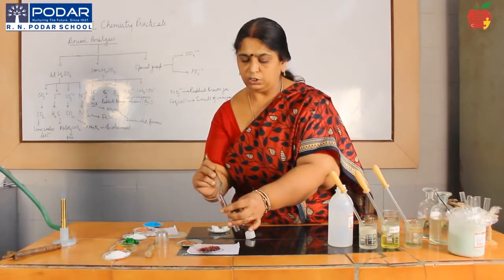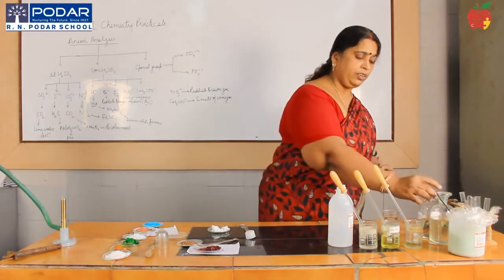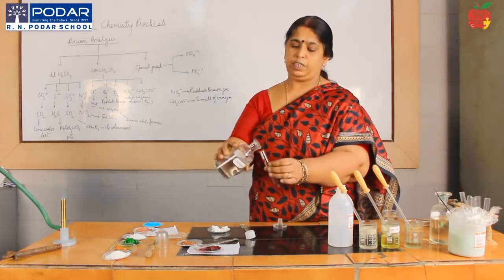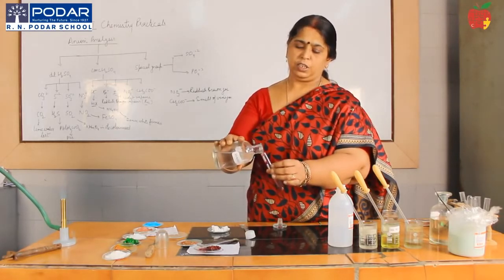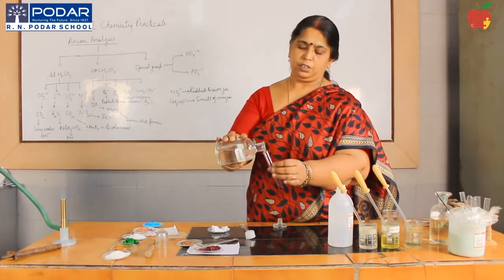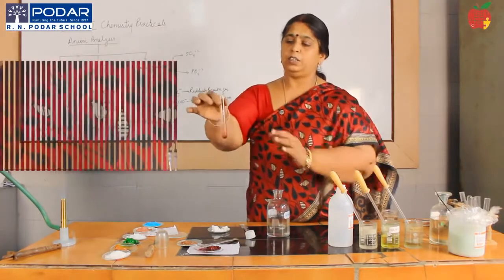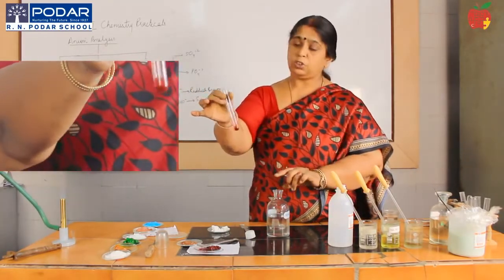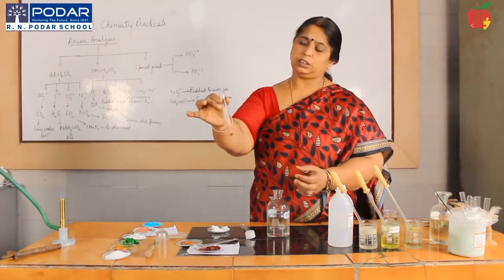To this nitrate, you see when I add dilute sulfuric acid, I see nothing has happened. There is no change, there is no gas evolution, isn't it? So we didn't see any brisk effervescence or anything.